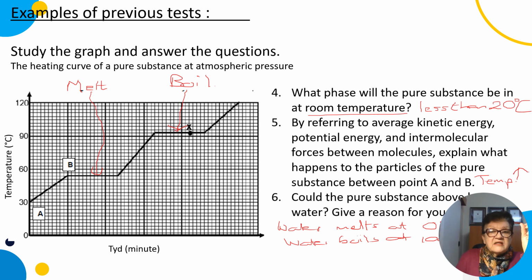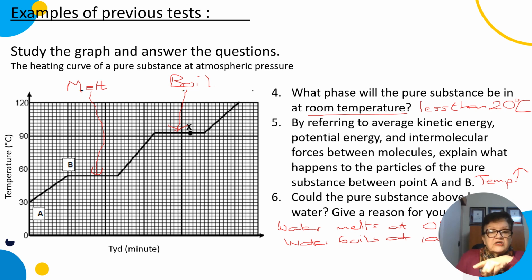It is 30 degrees at the start when the time starts. So it means that before we started recording data to draw a graph with, it should have been at a temperature lower than 30 degrees, that the substance would be in the pure solid form.